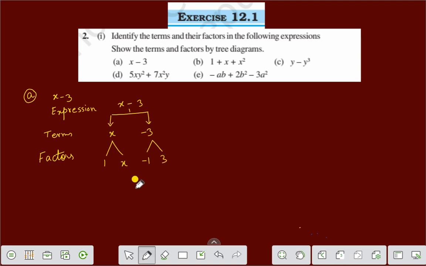Now question number B. Here B is 1 plus x plus x square. This is the expression.